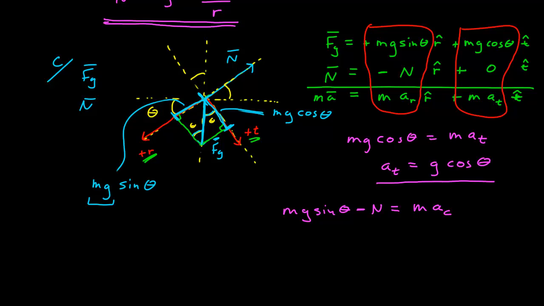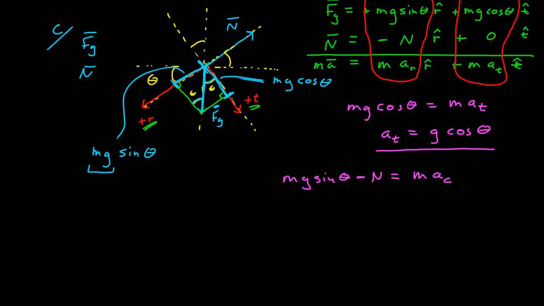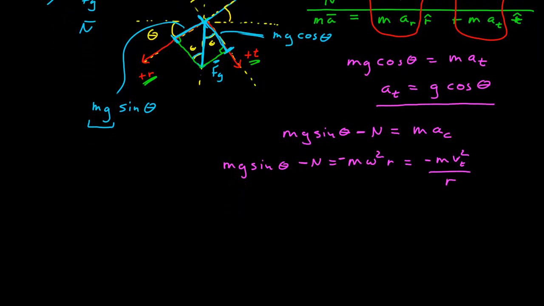It's the same as radial. And so that gives me mg sine theta minus n is equal to m omega squared r, negative omega squared r, or negative m v tangential squared over r, depending on which is most useful.